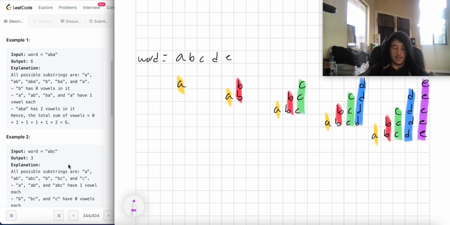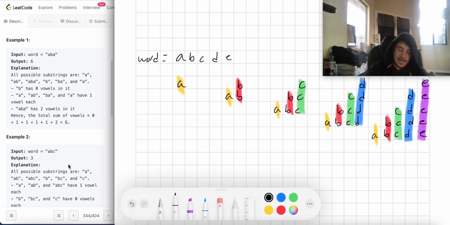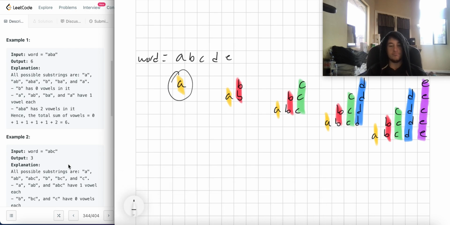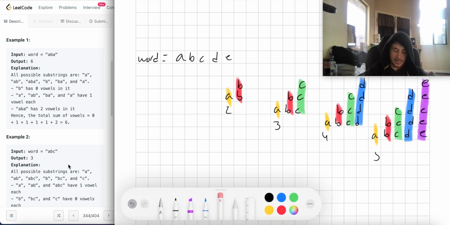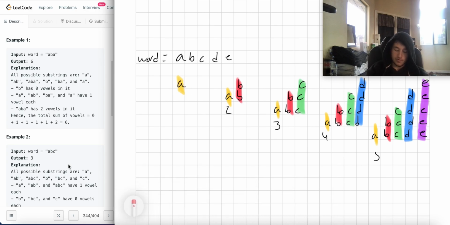So since A is a vowel, it's in 1, 2, 3, 4, 5 places, so it will contribute to 5 total substrings. Let's say, just for the sake of argument, we know it's not true, but imagine that C was a vowel.